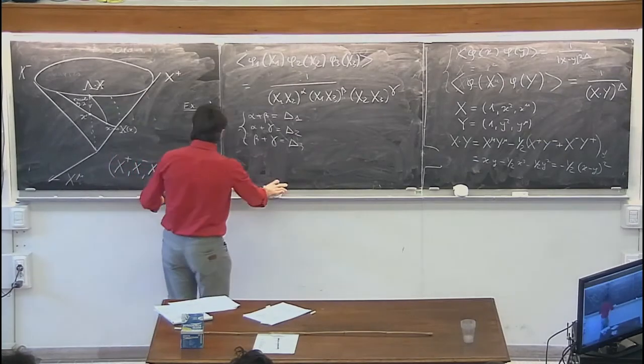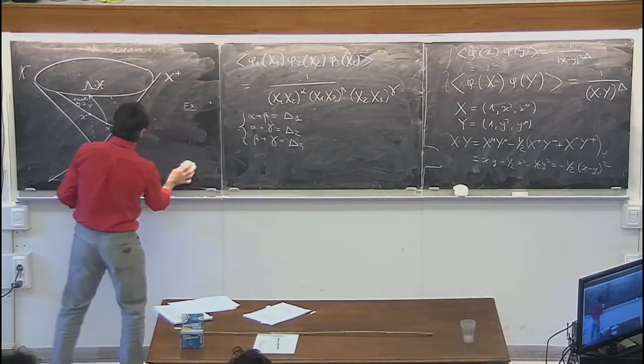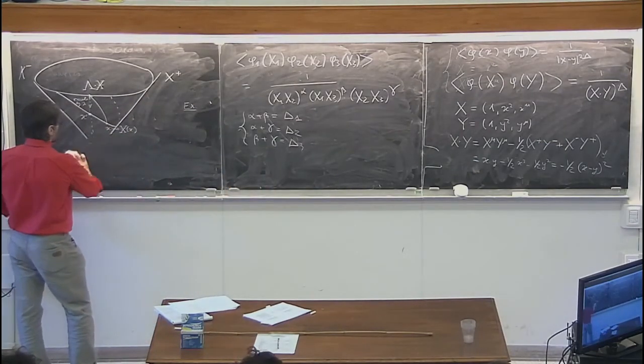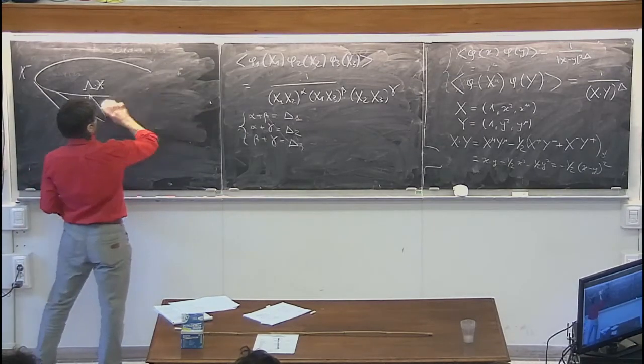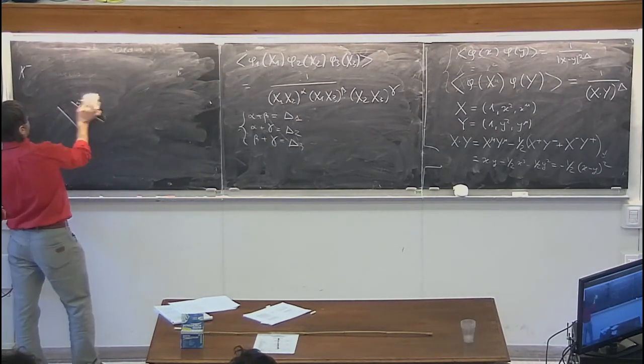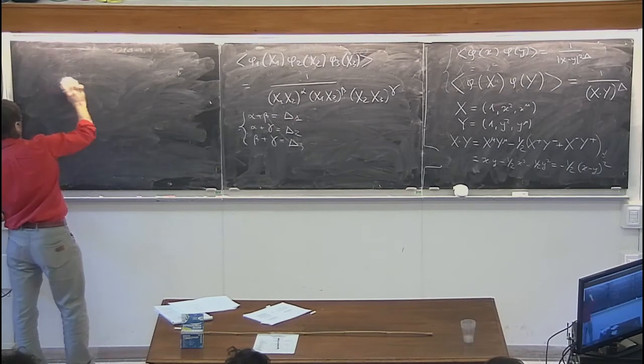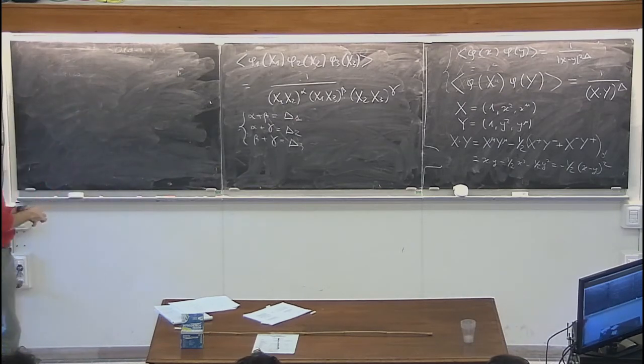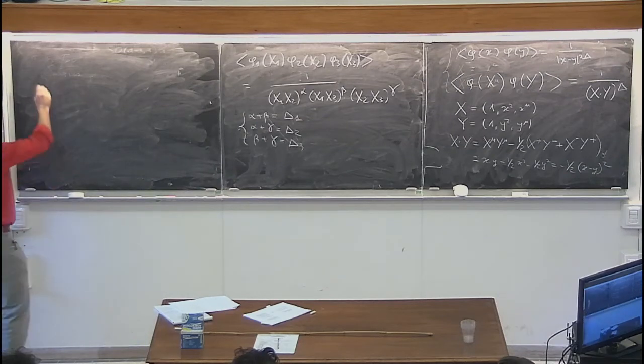And so now when you go to the four-point function level, there were these cross ratios which I said were conformally invariant. So let's write u, for example.